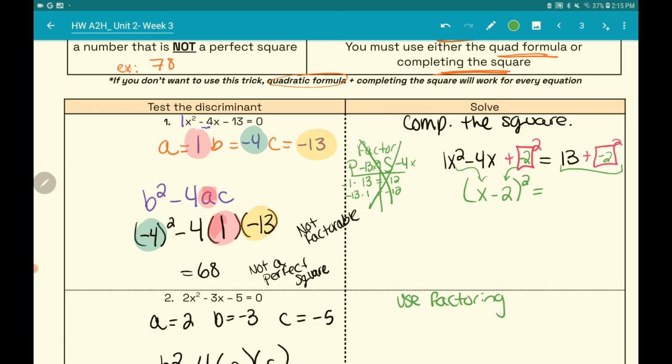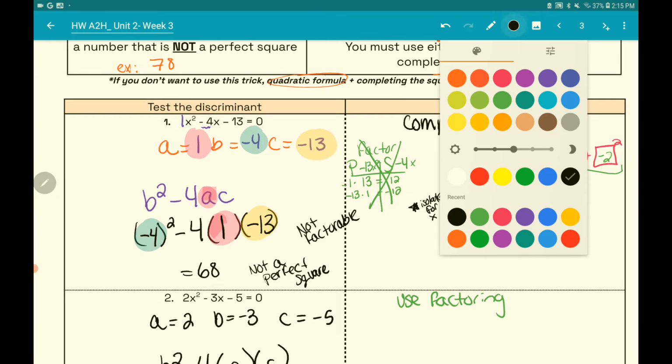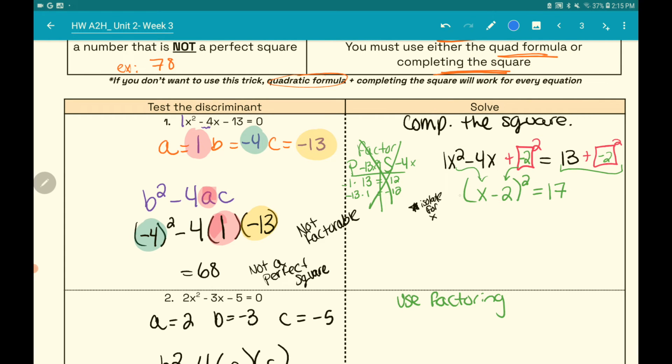And I'm going to simplify my right side. So 13, negative 2 squared is 4. So that equals 17. Now we are solving, so at this point I need to isolate. So in order to isolate, I need to do the inverse of a square, which is a square root.